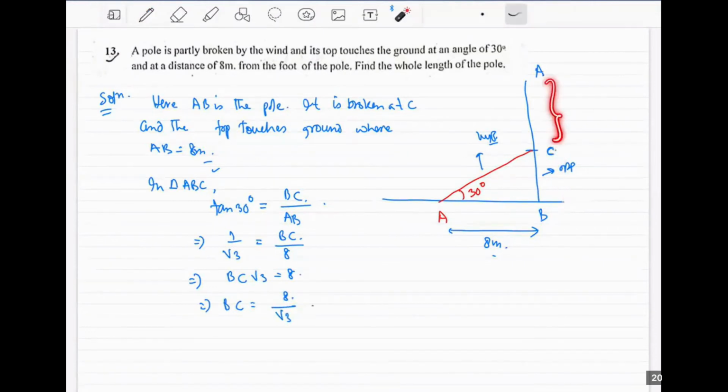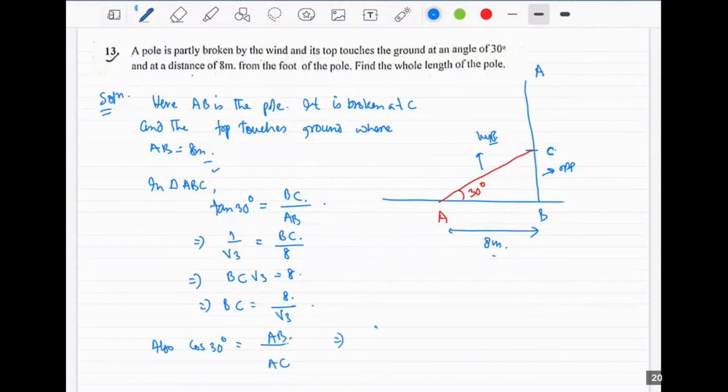Now it's time to find out AC. AC is here, the fallen part, which is the hypotenuse. We know adjacent and we want hypotenuse. Which trigonometric ratio has that? Cos theta, as I mentioned. Cos 30 degree is adjacent by hypotenuse. Adjacent is AB, hypotenuse is AC.